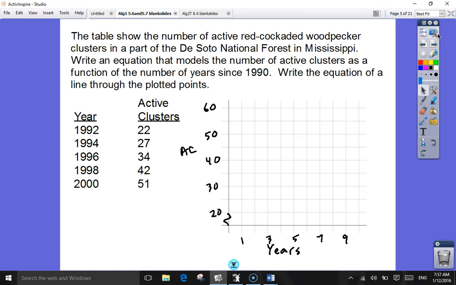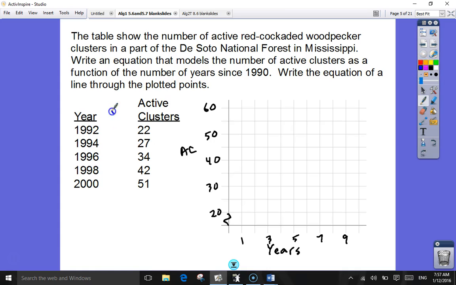First of all, when it says write the equation of a line as a function of the number of years since 1990, what that means is you don't want to use 1992, 1994, etc. on the graph. You're going to instead put in how many years that is since 1990. So in 1992, how many years is that? It's 2. So I'm going to make a column here, and many of these problems have years in them.